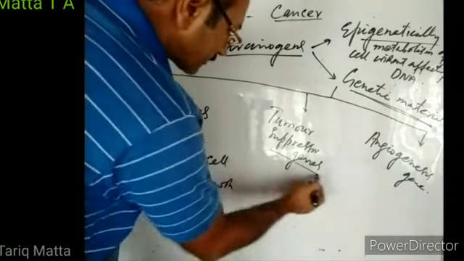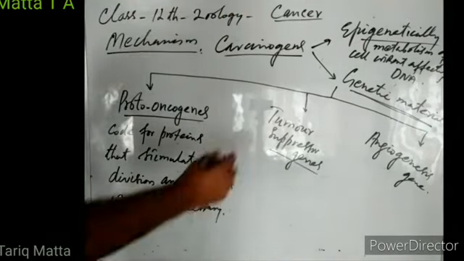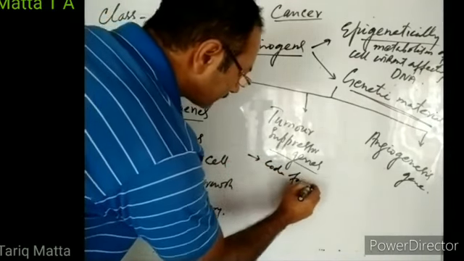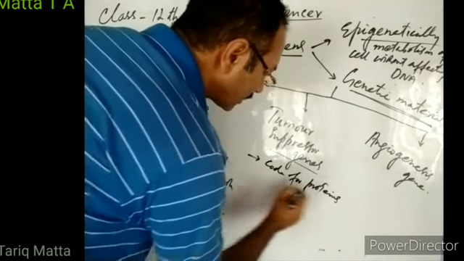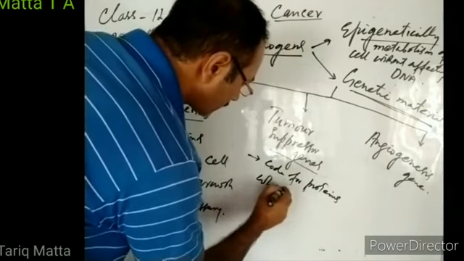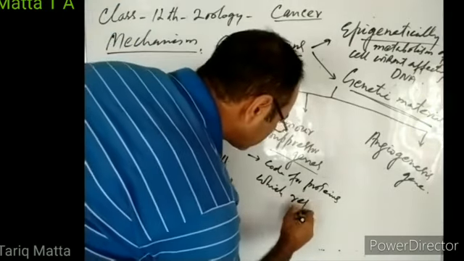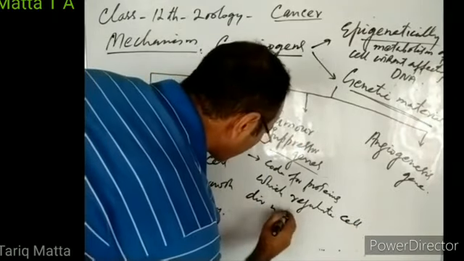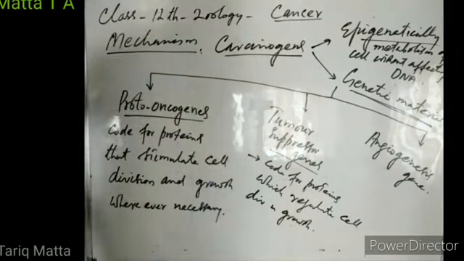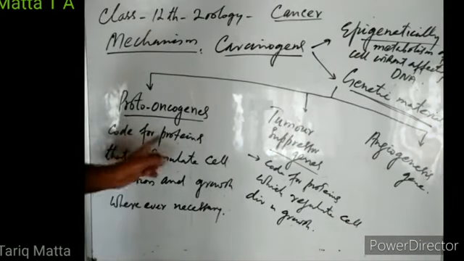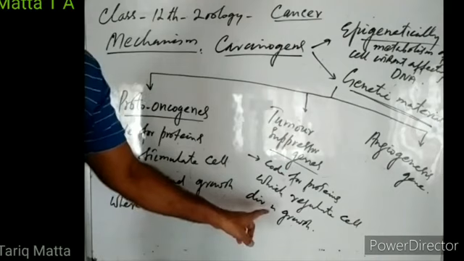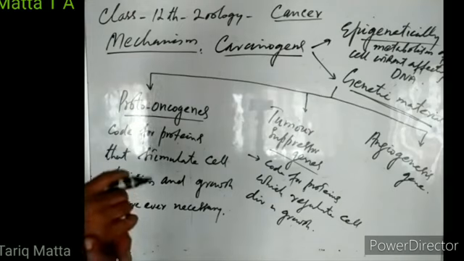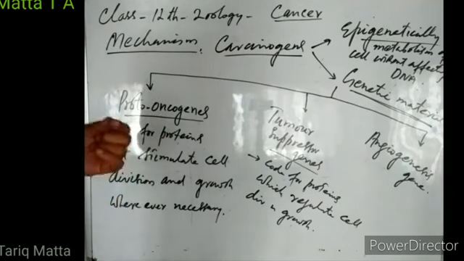Then we have another type of genes known as tumor suppressor genes. They code for proteins which regulate cell division and growth. Protooncogenes stimulate cell division and growth.